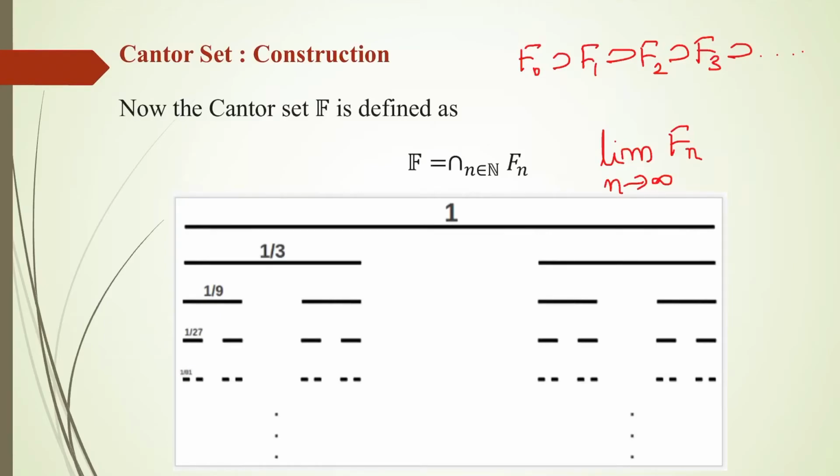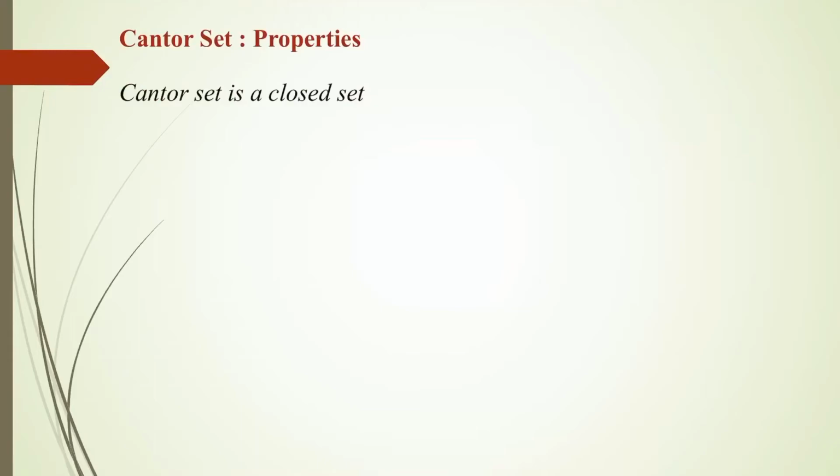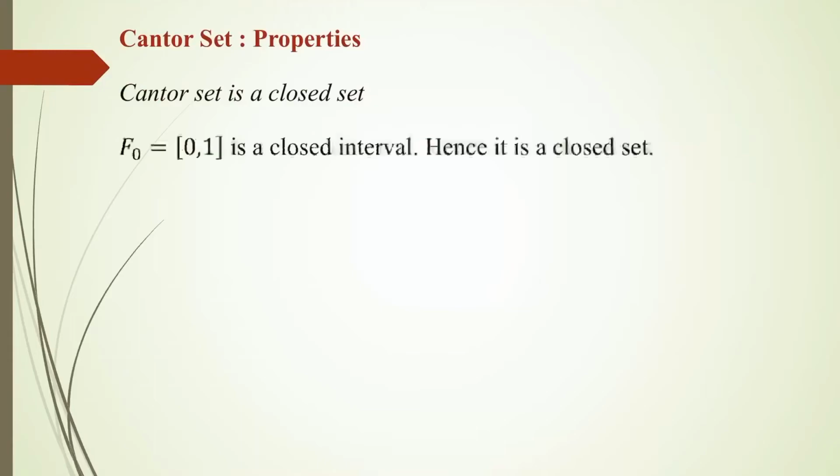Okay. Now we can see the beauty of the Cantor set by checking what all properties the Cantor set has. So the first property is the Cantor set is a closed set. How can we prove this? We are starting from F0.